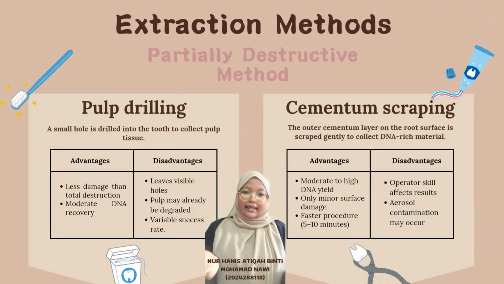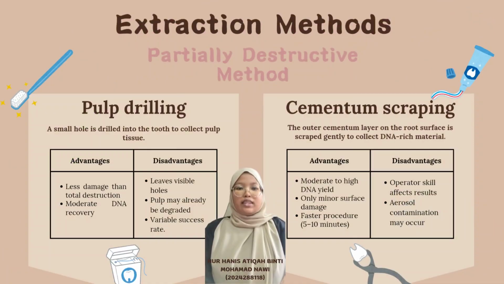While on the other hand, cementum scraping is when the outer layer on the root surface is scraped gently to collect the DNA-rich material. It produces moderate to high DNA yield, causes only minor surface damage and is a faster procedure. But the operator's skill affects the result and aerosol contamination may occur.